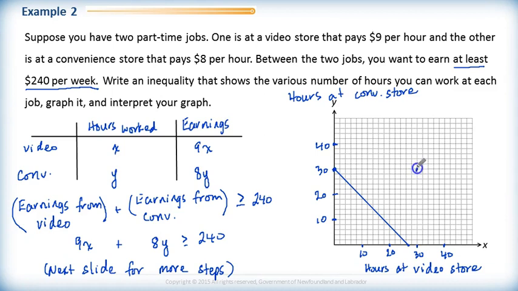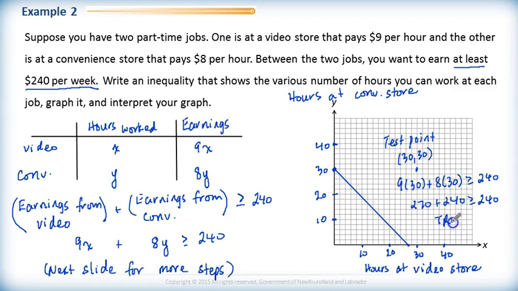I like to pick an x value and a y value that are the same so that I don't mix them up. And I plug that in, 9 times 30 plus 8 times 30. That's supposed to be greater than or equal to 240. 270 plus 240 is obviously greater than or equal to 240.